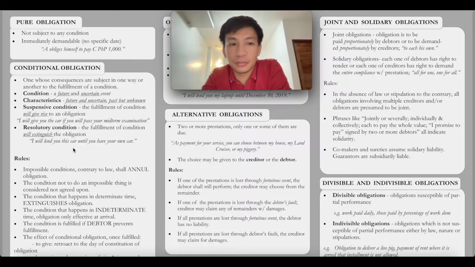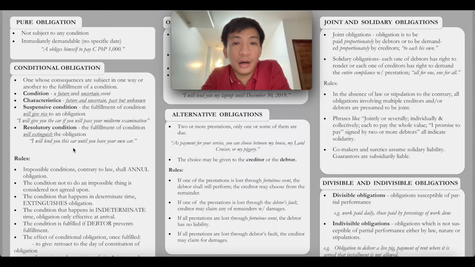For example, ibibigay ko sa iyo itong sasakyan ko kapag pumuti na yung uwak. Okay, in that case, is the condition impossible? Well, if we stick to the idea that the crows are black and they never are white, well, that's an impossible condition.